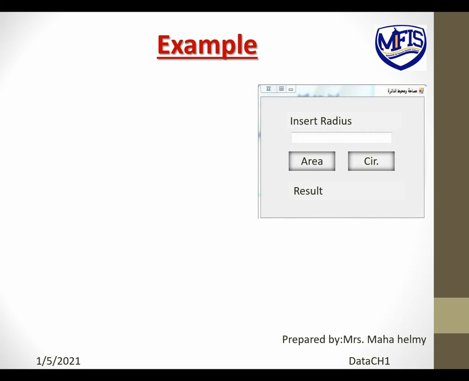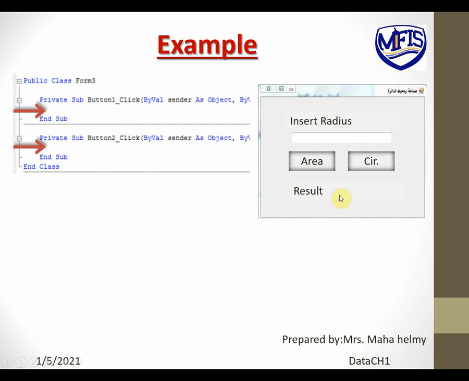What to do? At the beginning, we have a constant, and to declare a constant, we should follow the constant declaration rule. We have two buttons, the area button and the circumference button.